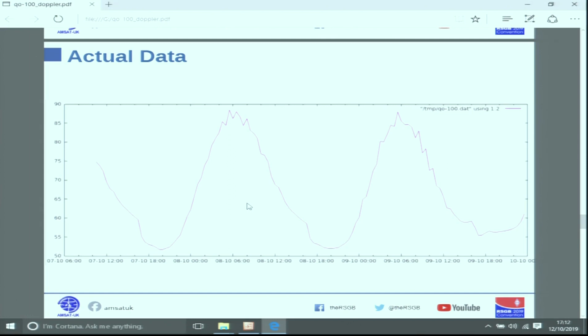But after a late night conversation on Friday night, it appears that that is actually correct for the frequency. Yes, there's a little bit of noise at the top. Yes, on the second one, there seems to be some noise on the right-hand side. What caused that, I don't know. Could be anything, to be honest.